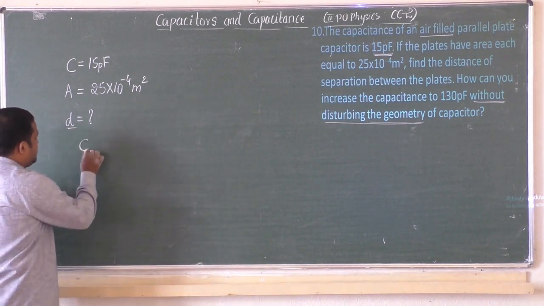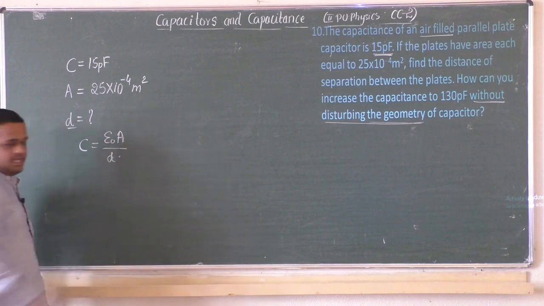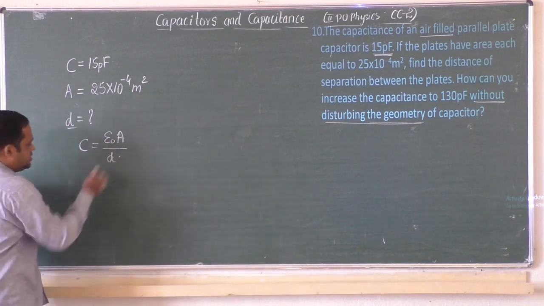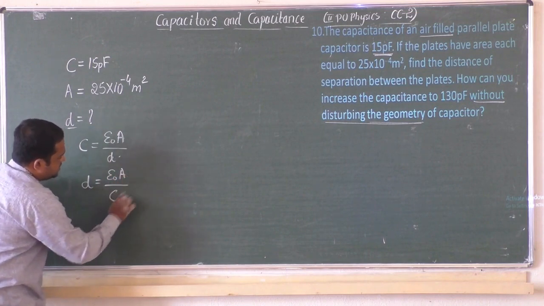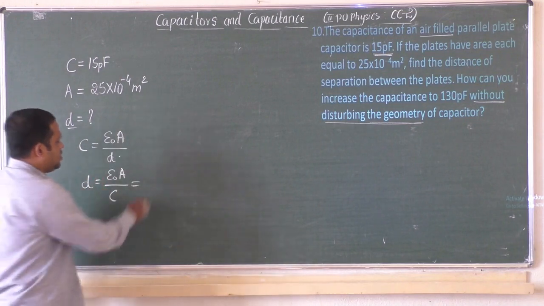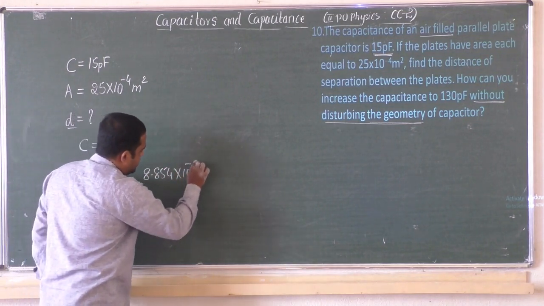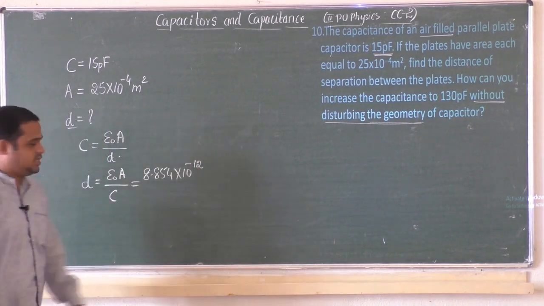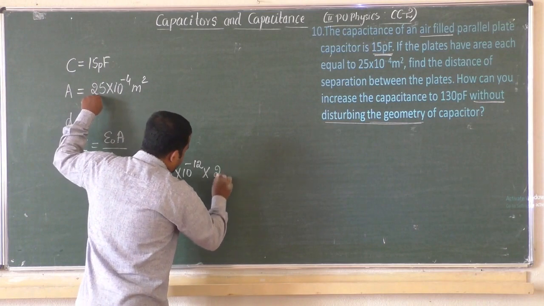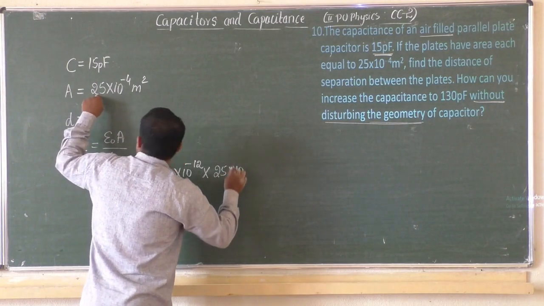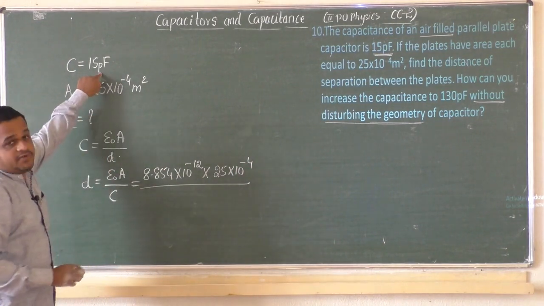Capacitance of an air-filled capacitor is given by C is equal to epsilon naught A divided by D. We have to calculate the value of D, therefore D is equal to epsilon naught A divided by C. Substitute the values. Epsilon naught value, that is 8.854 into 10 power minus 12, permittivity of free space, into area, which is given, 25 into 10 power minus 4, divided by capacitance, 15 picofarad.